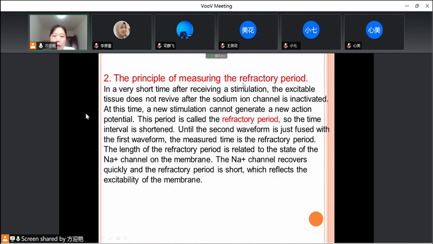And also the principle of measuring the refractory period. It is easy to understand: during the refractory period, a stimulation cannot excite and cannot generate an action potential. According to this concept, we can measure the refractory period.